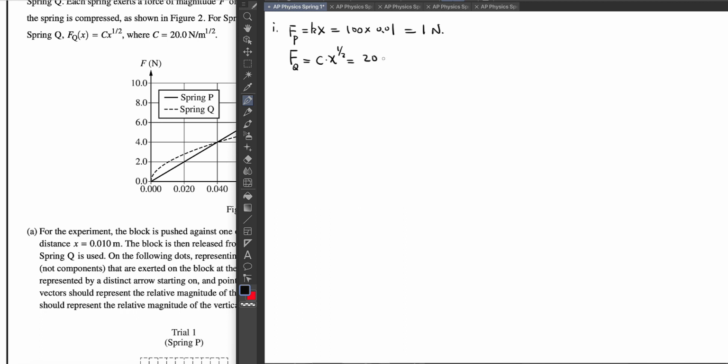C is 20, times 0.01 to the power 1/2. You see the question designer gave you this really nice number, 0.01, so that you can take this square root very easily. It's simply 0.1. So you get 2 newtons.